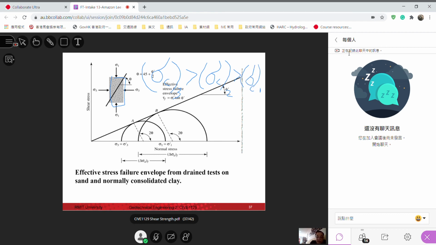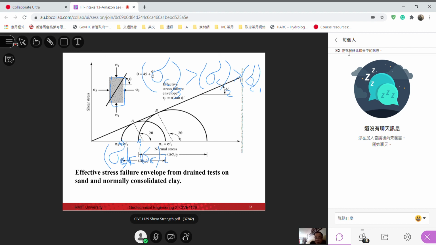So here is the confining pressure at the first time, and the confining pressure at the second time, and maybe I change it to white color.